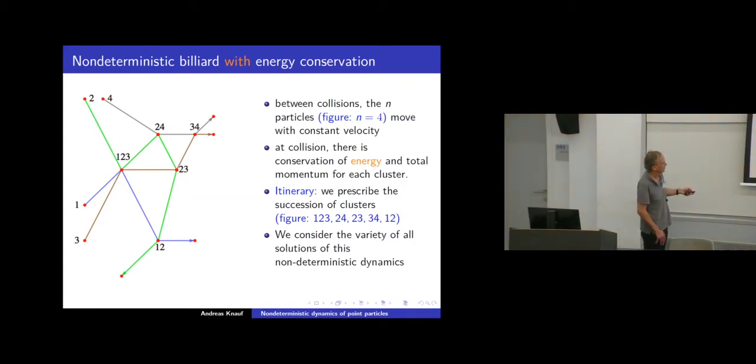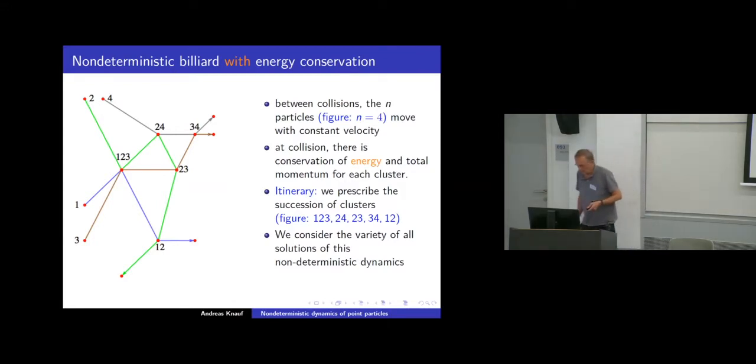This is then a non-deterministic dynamics, because at such a collision, the particles have to preserve energy and total momentum, but otherwise they are free to change their internal direction.